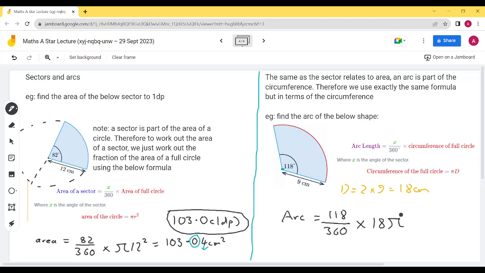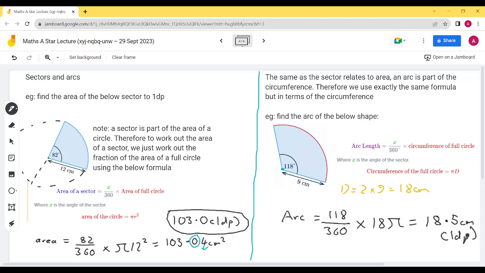Again, you could put it all in at once in your calculator, or you could do it in parts, whatever you feel more comfortable with. If you work it out, I haven't actually written down how many decimal places, but we can just say here, equals 18.5 cm to 1 decimal place.